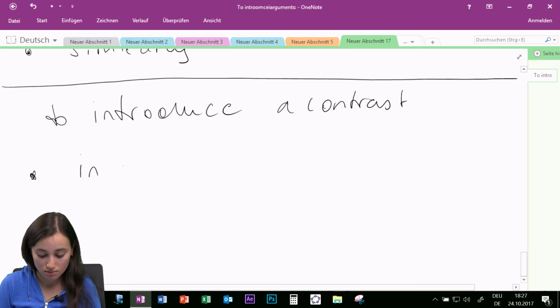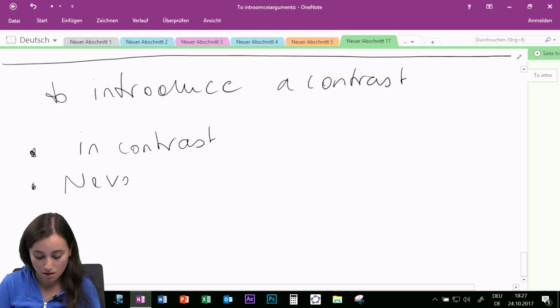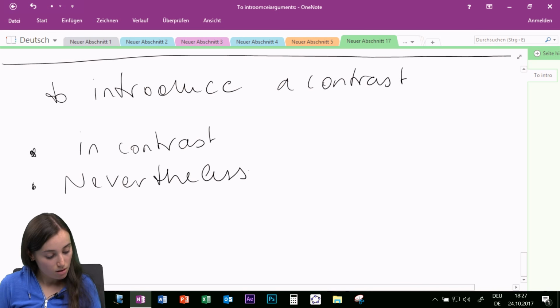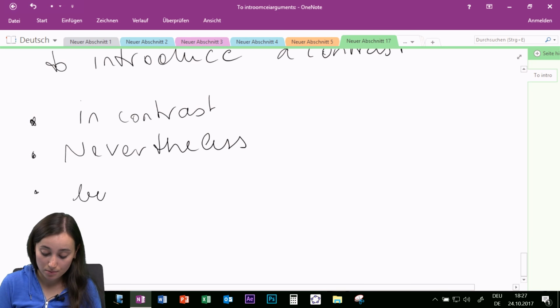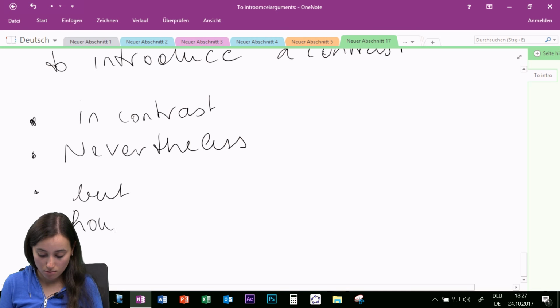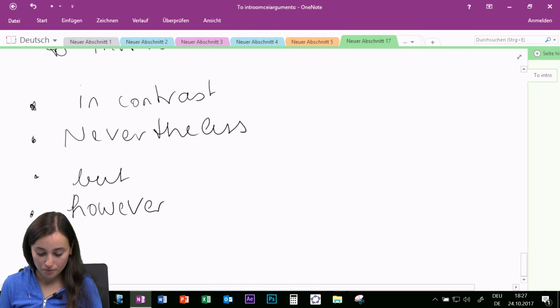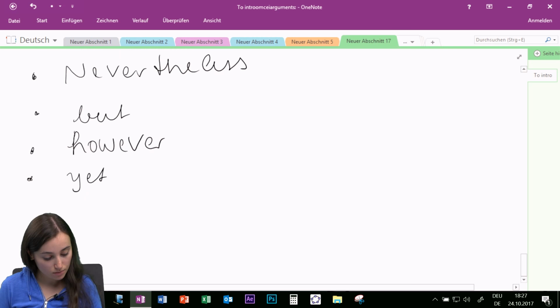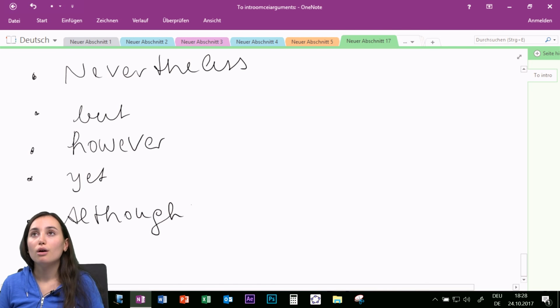Okay. To introduce a contrast or alternative point or section. In contrast, nevertheless, classical, but, however, yet, although, for example, I need to think before I speak.